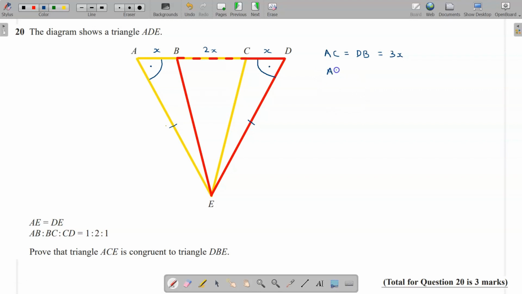I'm going to say that AE equals DE, and I'm just going to put the word given afterwards because they tell us that in the question. Then I'm going to say that angle EAB is equal to the angle EDC, because it's an isosceles triangle.